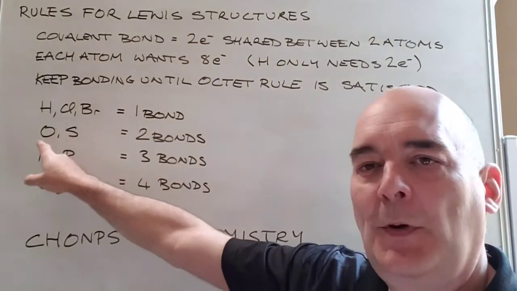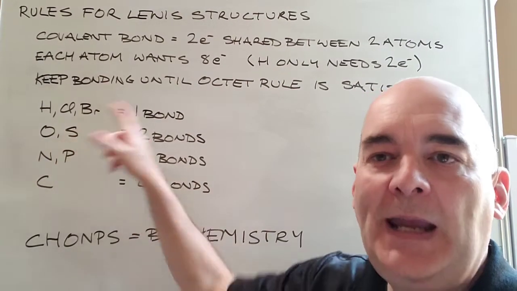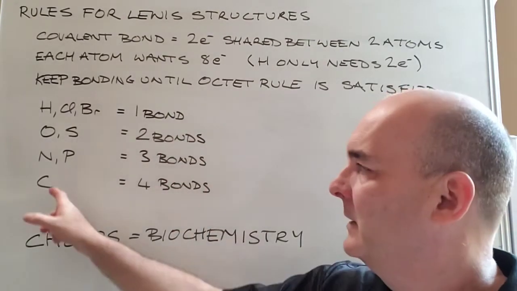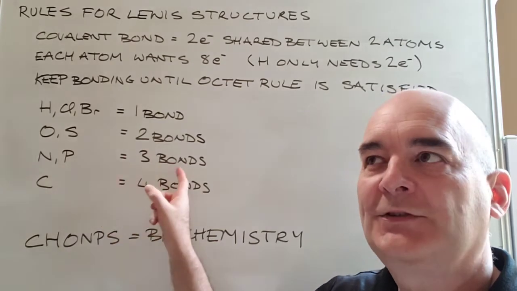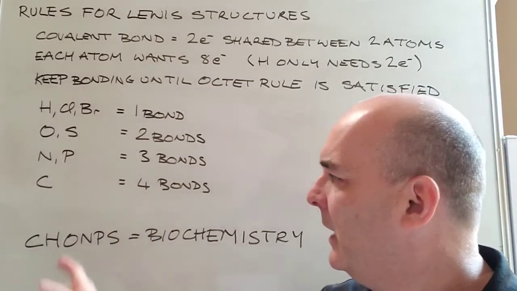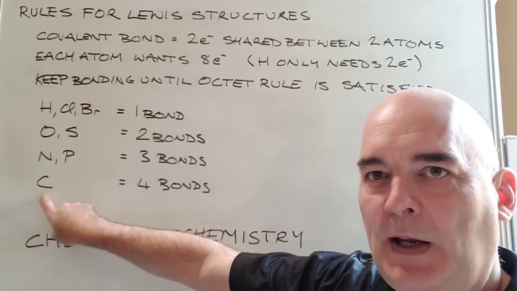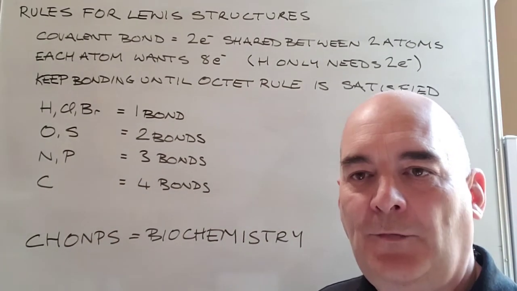Oxygen and sulfur are both in group 6. 6 is 2 steps away from 8, which means they always make 2 bonds. Nitrogen and phosphorus are in group 5, which means we always see them make 3 bonds without exception. And carbon. Carbon is in group 4. It has 4 unpaired electrons and will always make 4 bonds.